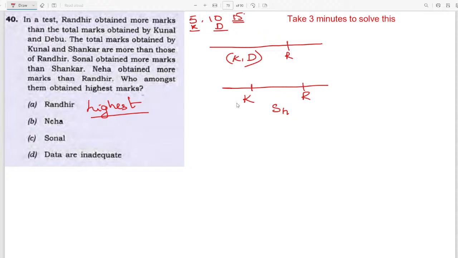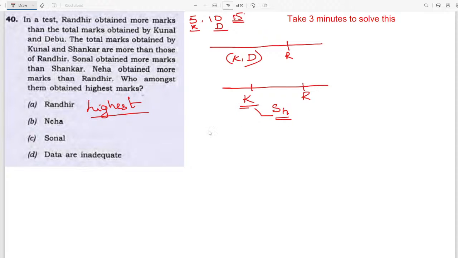The sum of the marks obtained by Kunal and Shankar is more than that scored by Randir. I have put it here because I know that K is here. And I don't know whether Shankar has scored below Randir or more than Randir. But I know that whatever their sum is, it is greater than R.